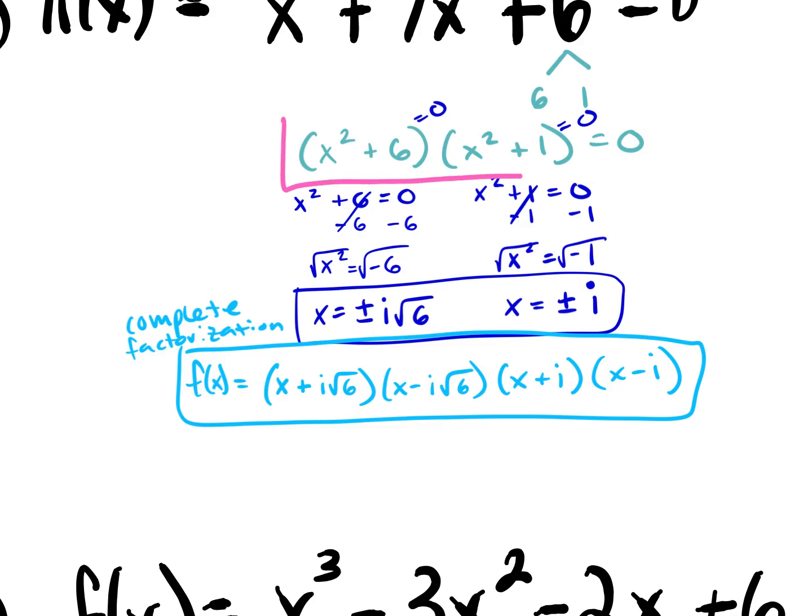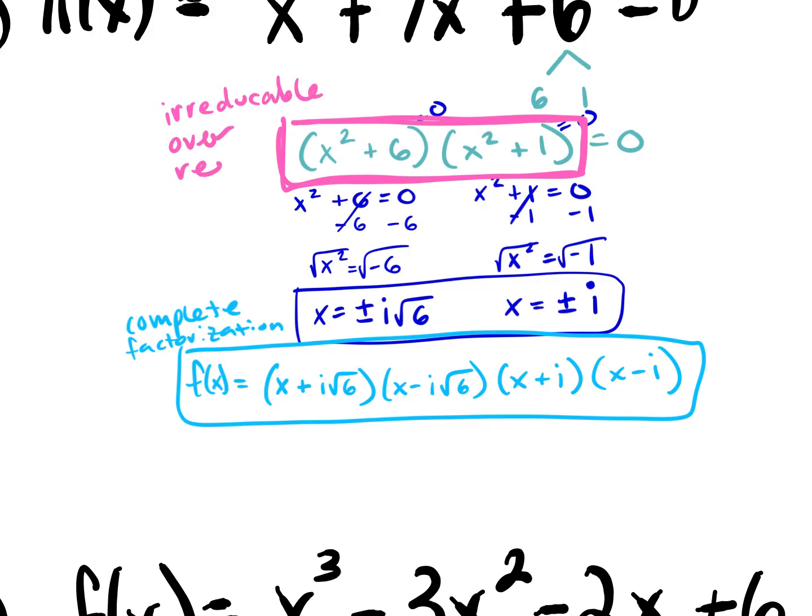Perfect. So the step before we solved and got the imaginary numbers, this would be irreducible over the reals. Irreducible over the reals means we only want real numbers, so you just take it back to the factored form before you got the imaginaries.